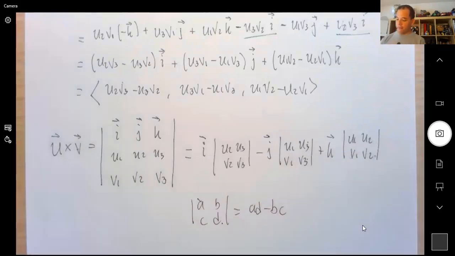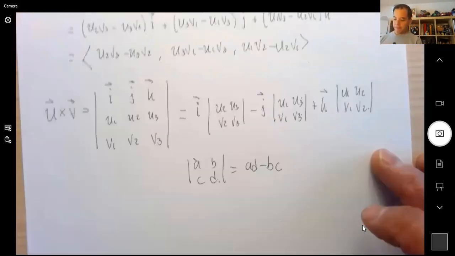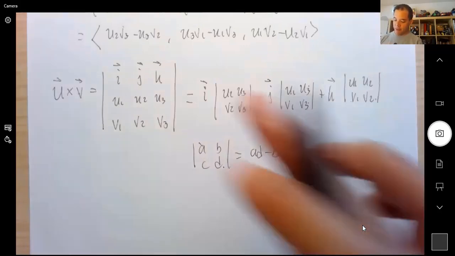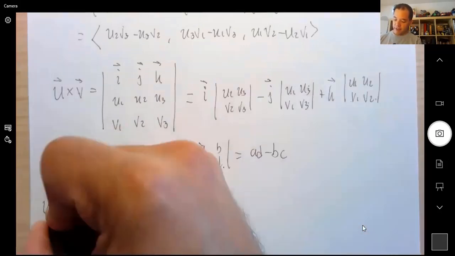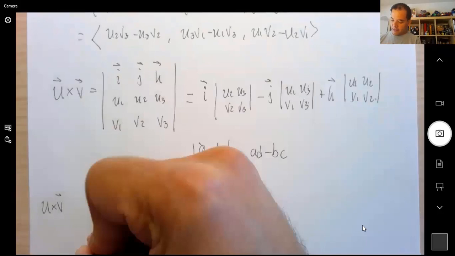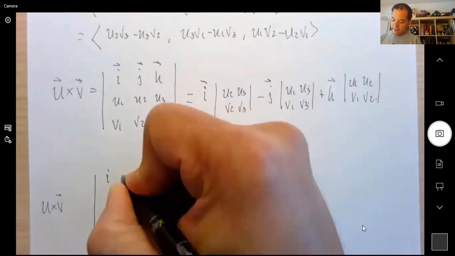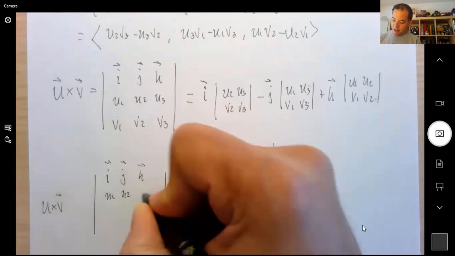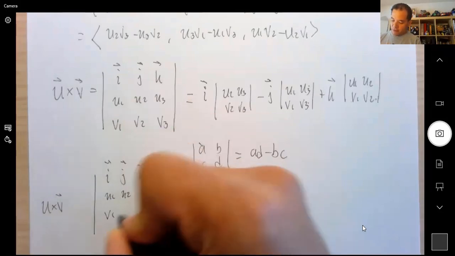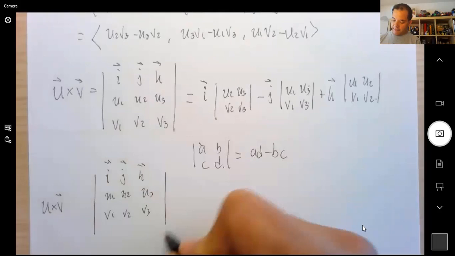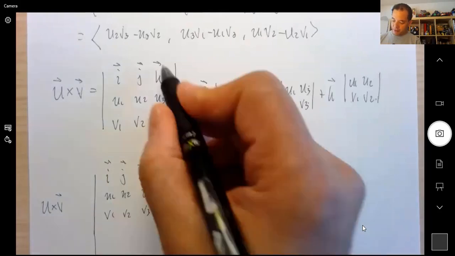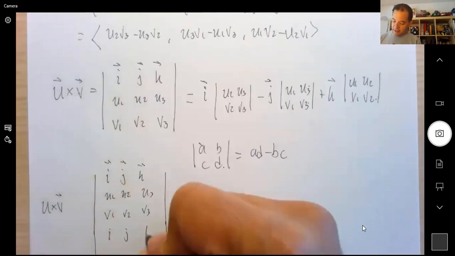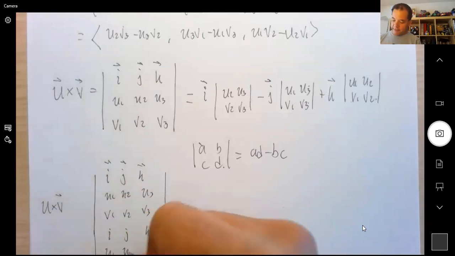Now there's another way of doing it. If you don't like this, there's a second way. The second way is that you copy the two rows, copy them again here. So copy the first two rows, I, J, K, and U1, U2, U3.